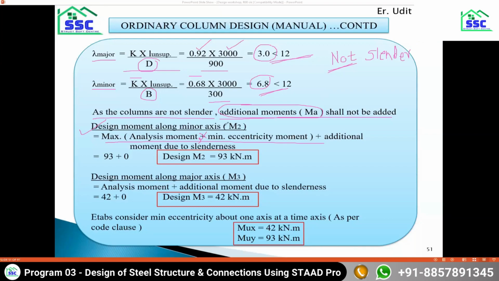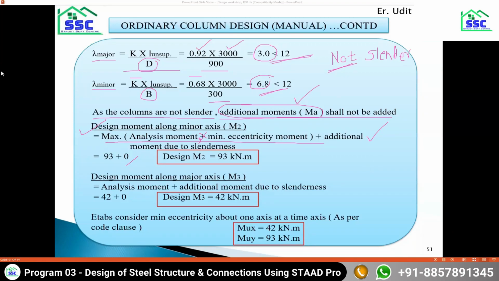Design moment along minor axis should be maximum of analysis moment or eccentricity moment, and whatever is that value, it will be added to our additional moment due to slenderness. Maximum of these two will be added to our moment due to slenderness. But right now our moment due to slenderness is 0 because our column is not slender. So MA is 0, and hence our design moment will be simply maximum of analysis moment and minimum eccentricity moment.